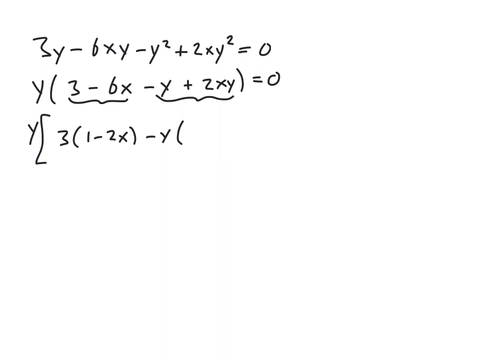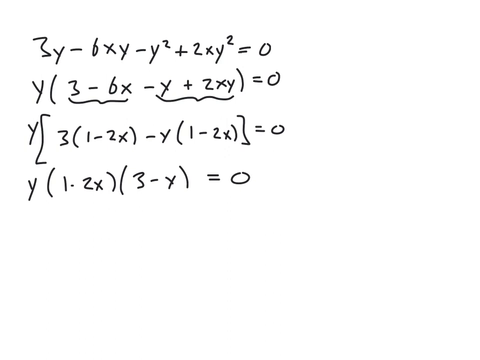And when we pull out negative y, we get a 1 minus 2x. And now in the brackets, we have two terms. Each of them have a factor of 1 minus 2x. And so we can factor out 1 minus 2x, and our remaining pieces are 3 minus x. Or I'm sorry, 3 minus y.